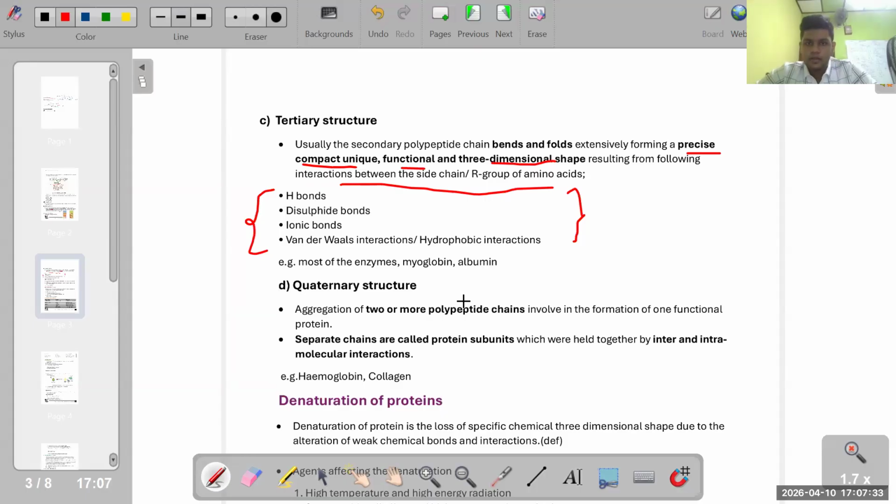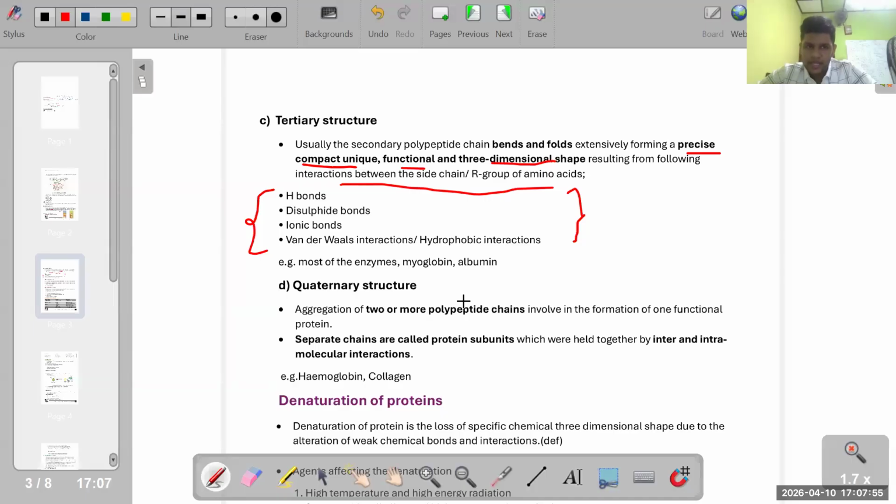Because in secondary structure, the bond was present between what component? Backbone or side chain? Think carefully. Backbone. Very good.